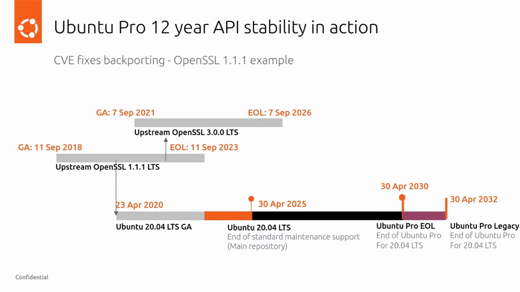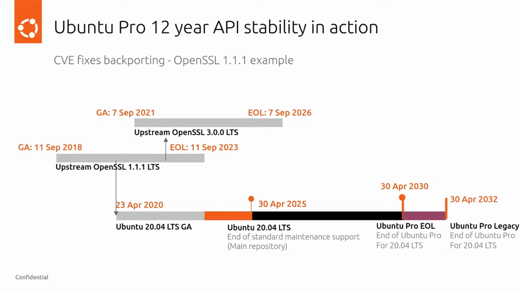And once OpenSSL, for example, goes into end of life, the maintainers of the project will not be security maintaining that particular version. They will be jumping to the next LTS version, and that's the only one they will provide security maintenance for. But we think it's very important that Ubuntu users continue to get security support for the version that they have chosen with the Ubuntu that they have chosen.